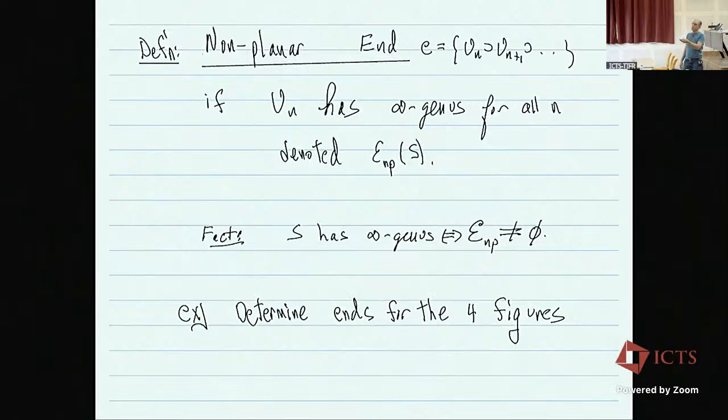Okay, so this is a subspace of the space of ends. And a fact, of course, is that if you start with a surface that already has infinite genus, then the space of non-planar ends has to be non-empty. And let's determine the space of ends for each of these examples.